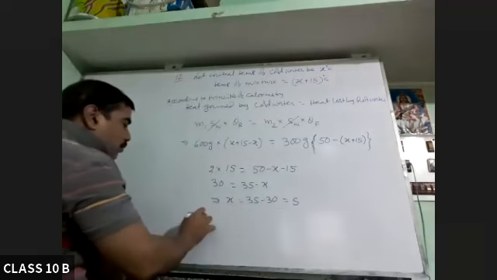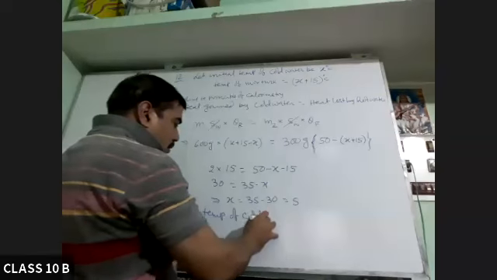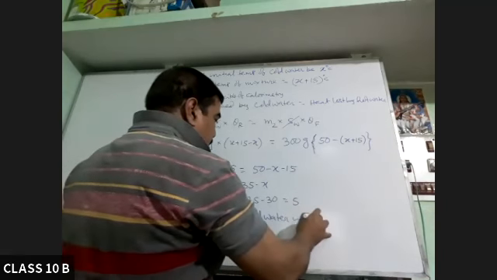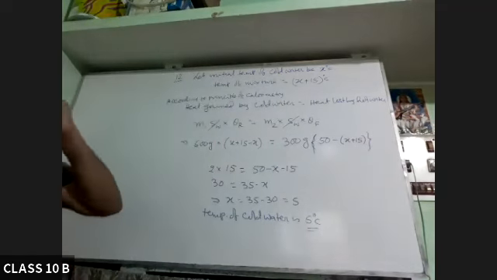So the temperature of cold water is 5 degrees Celsius. The value of X we got is 5.